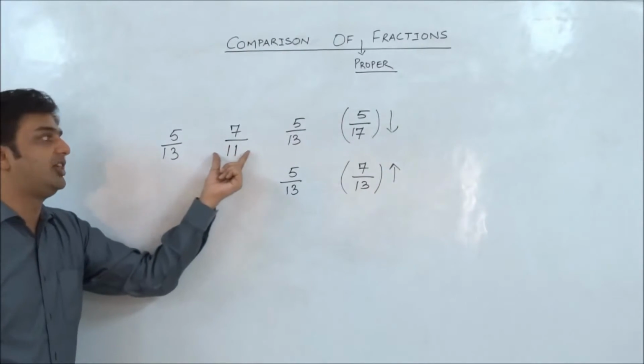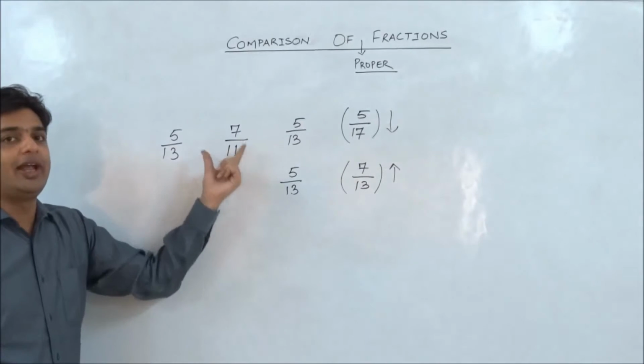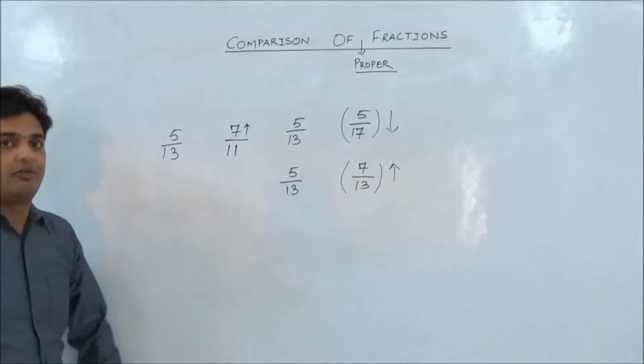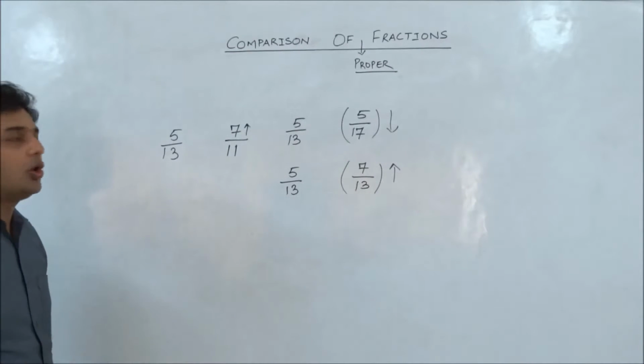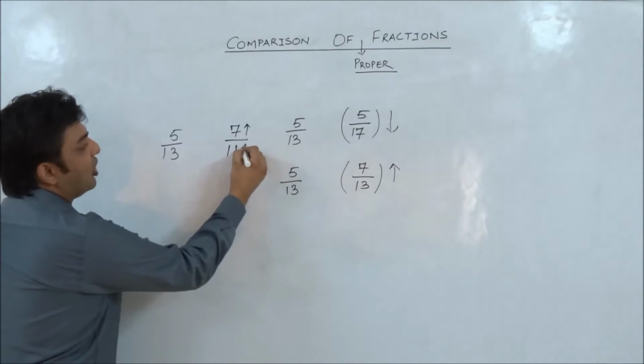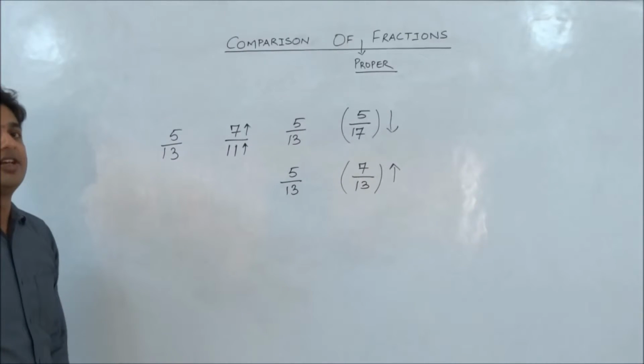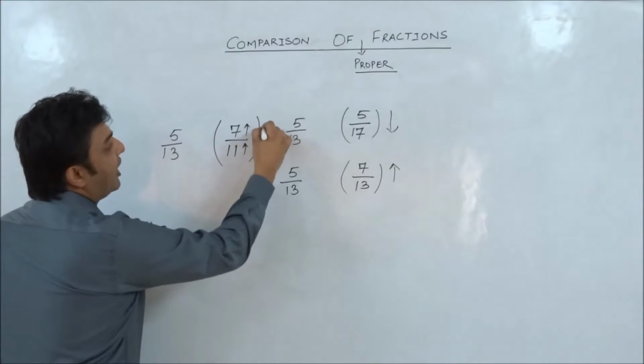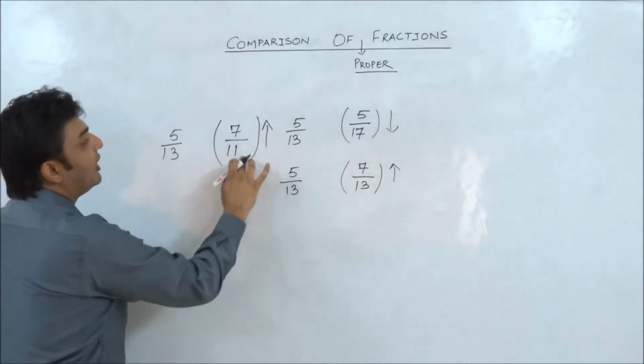However, when the denominator is decreasing, the number is going to increase. So this increase is taking the fraction upwards, and this decrease is also taking the fraction upwards. That is, this is going to be greater.